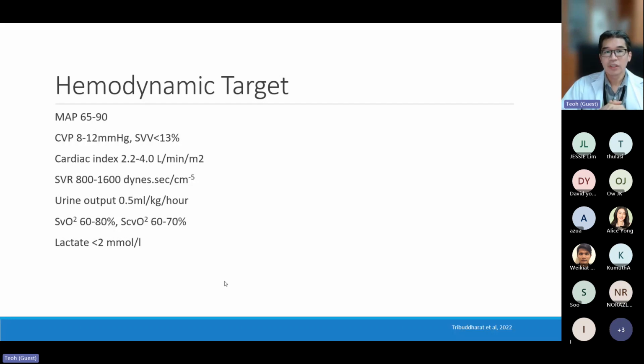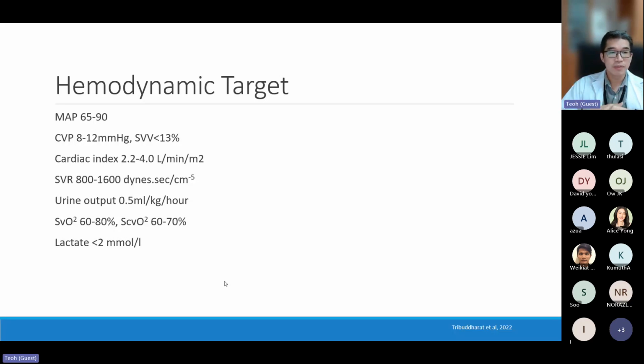And cardiac index, if you put the patients on inotrope, please remember you need to keep the cardiac index at least 2.2. And for the systemic vascular resistance, 800 to 1000. If you are using the SVRI, then it should be 1500 to 2500. And for the end organ perfusion, urine output at least 0.5 ml per kg per hour.